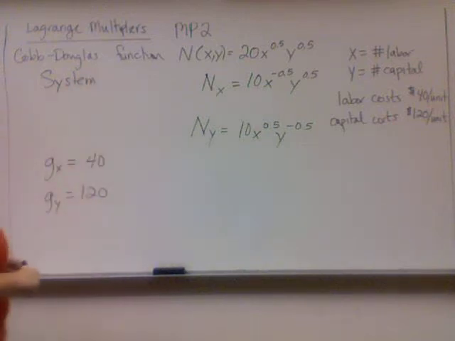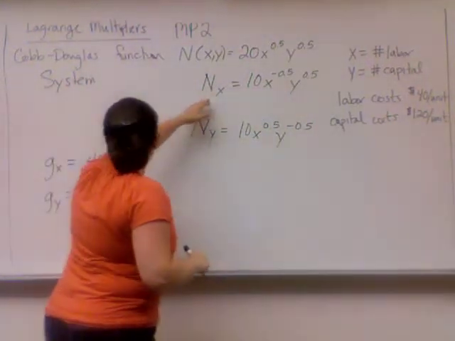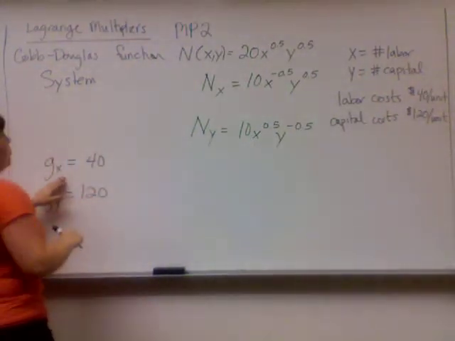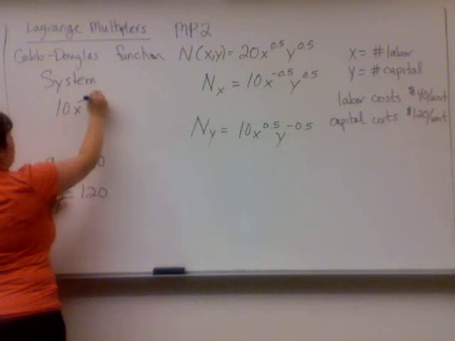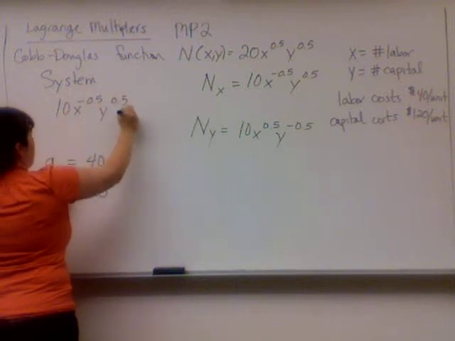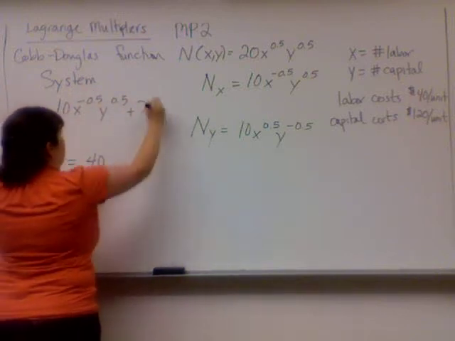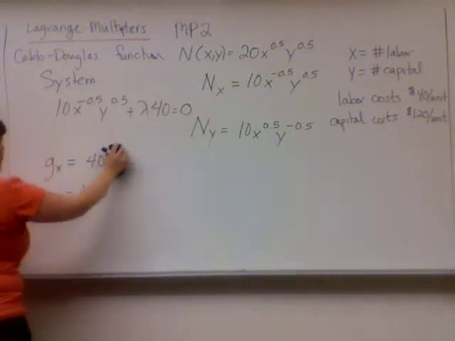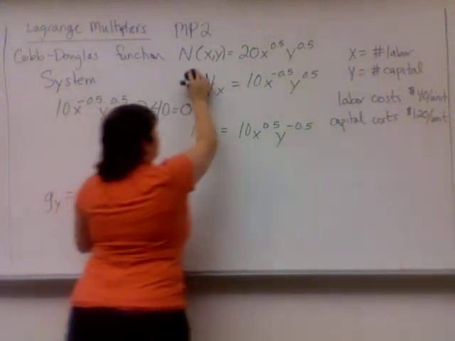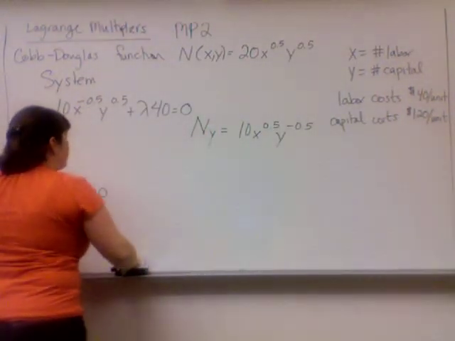Okay. Our system will say I do n sub x plus lambda g sub x equals 0. So I have 10x to the minus 0.5, y to the 0.5 plus lambda times g sub x, which is 40, equals 0. And I'm going to erase these as I move a little at a time here. Again, remember, you can pause the video.